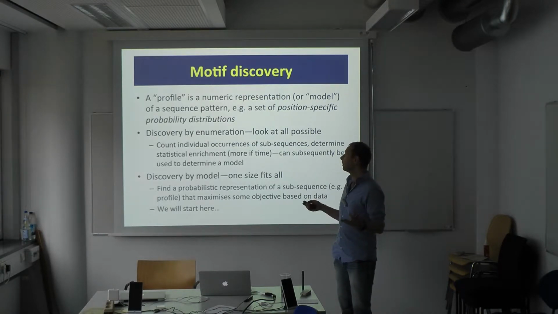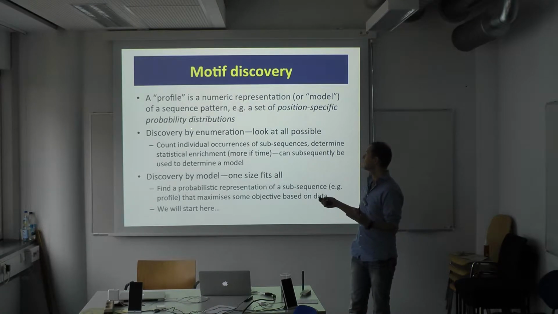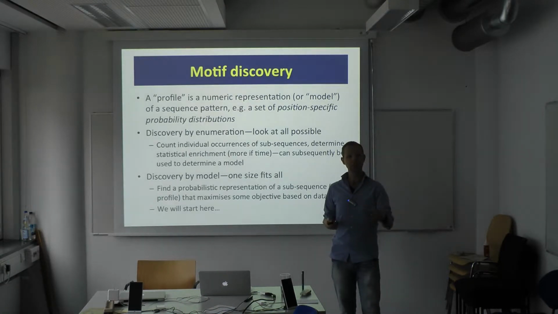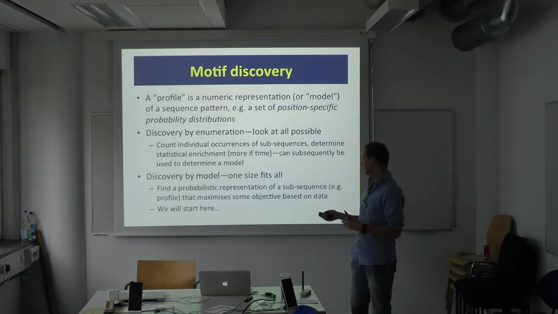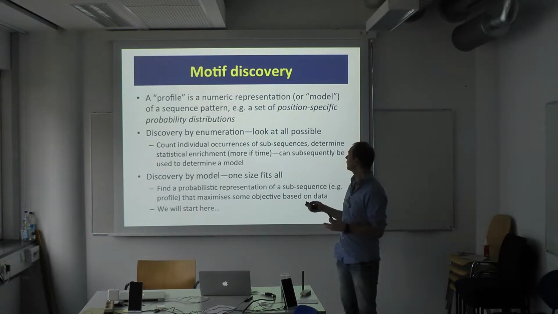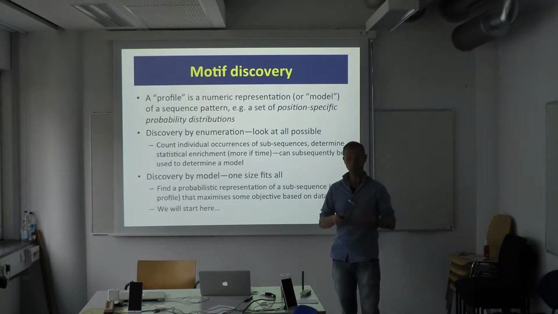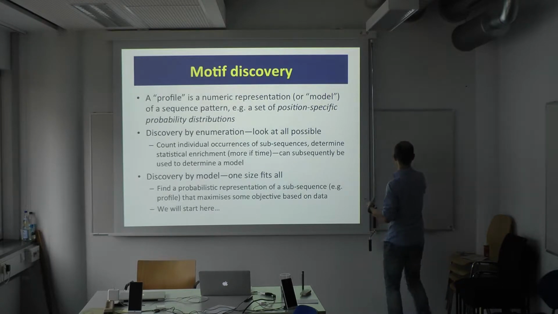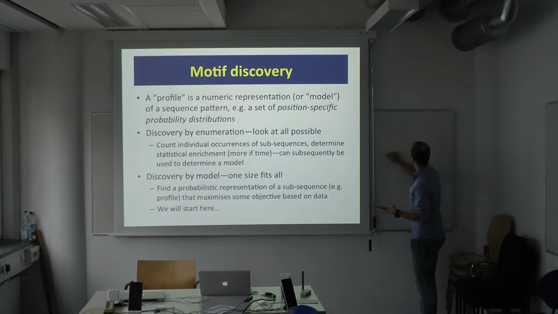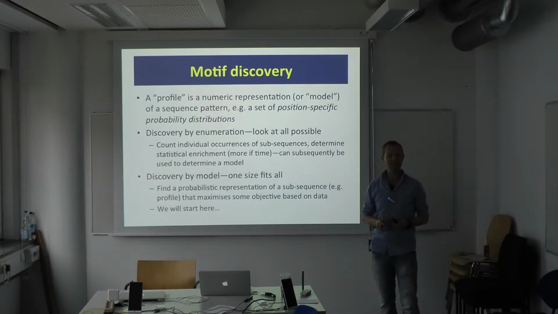The other approach would be by enumeration, and I'll finish off talking about that once we have an understanding of what this more elaborate approach involves. Enumeration is simply where we think about, so we have our data, we have some kind of model, I'll refer to it as theta.